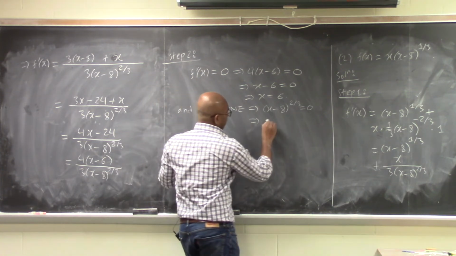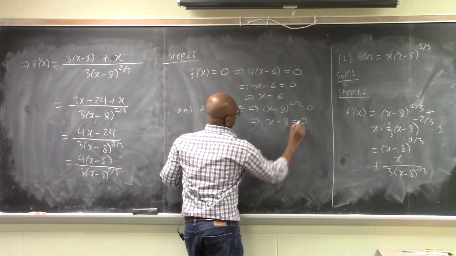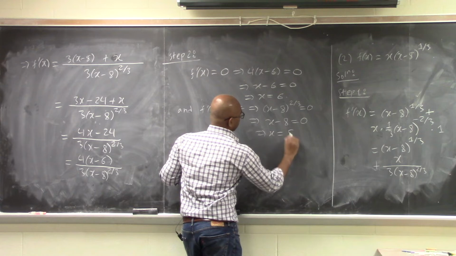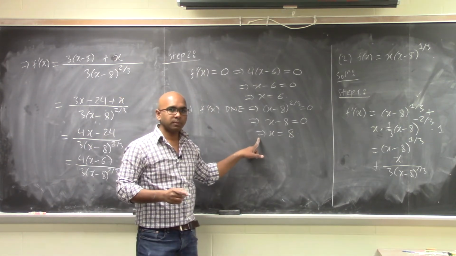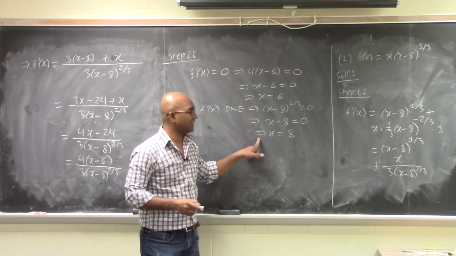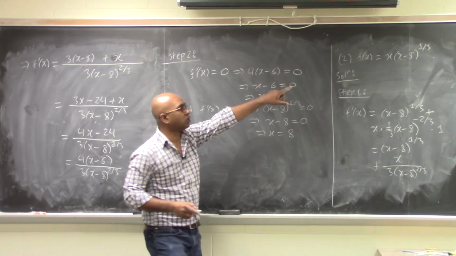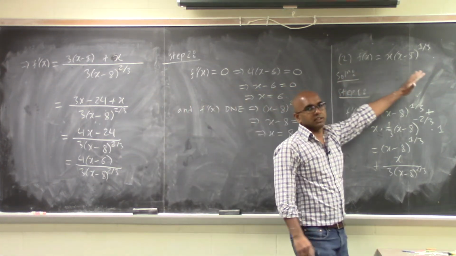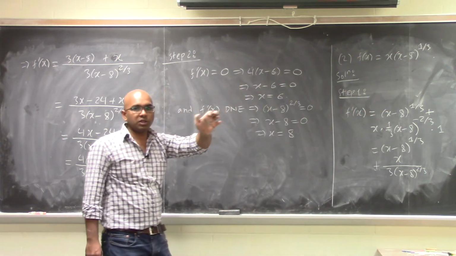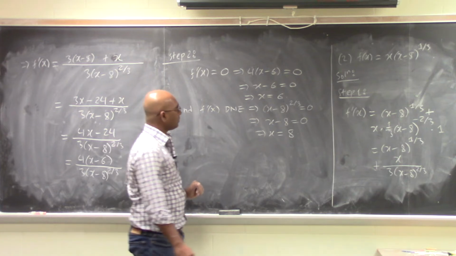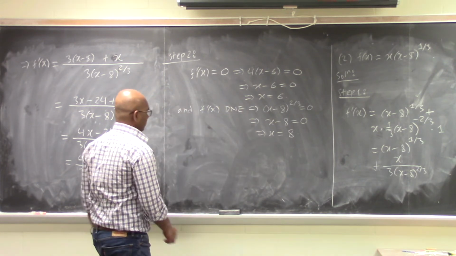That will just give you x minus 8 equal to 0, and that will give x equals 8. Okay? But careful, is 8 in the domain of this function? Yes, it is. Right? This function f has everything in its domain, because this is a cube root, and cube root is defined everywhere. Okay, so these are my critical numbers, right?